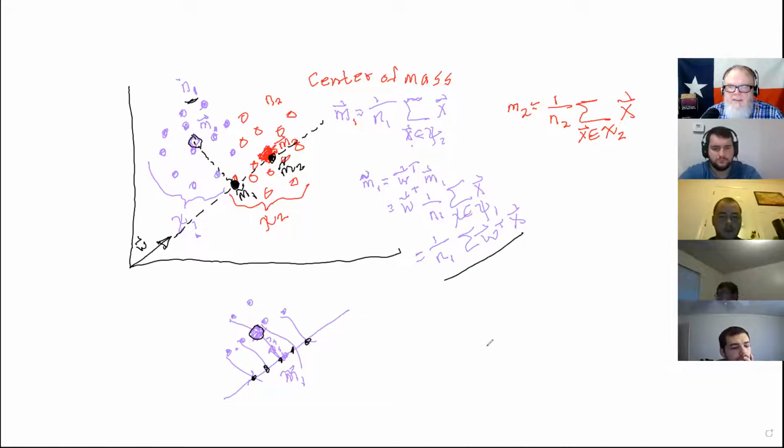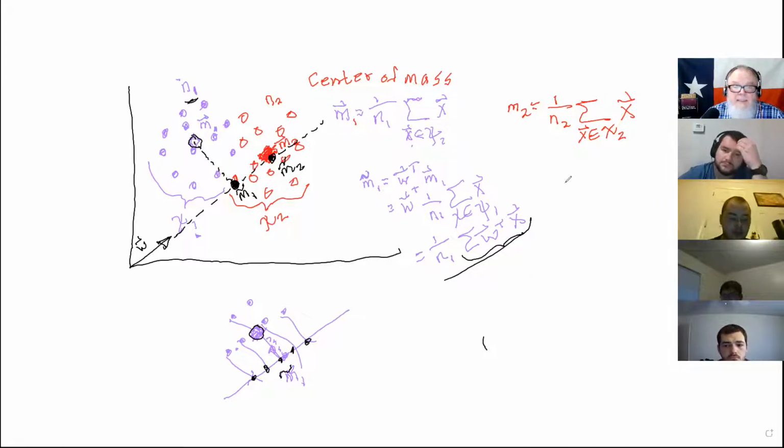This is the projection of each one of the individual points. So we can get this M1 twiddle by doing one of two things. We can either compute the mean in the higher dimensional space and project it, or we can project all of the individual data points on the line and take the average of those.